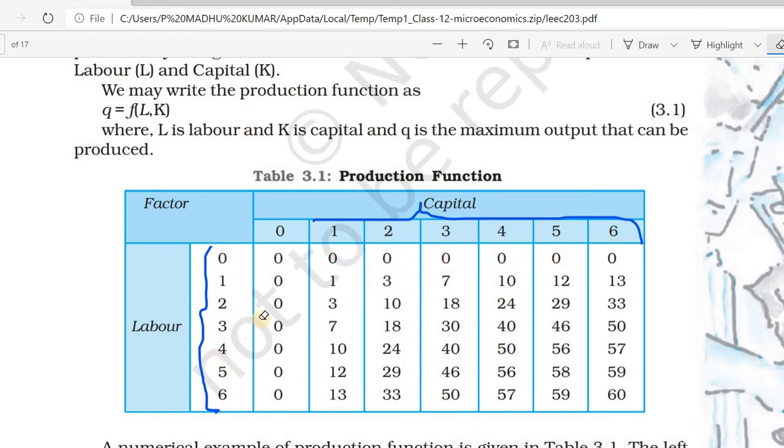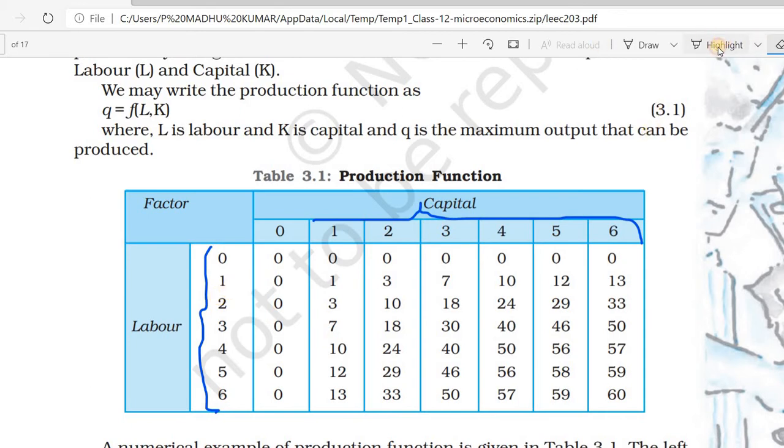What is the reason? Because capital is 0: nothing, no land, no asset, no machine. Then labor without anything, how can he produce? Suppose he is a farmer, he should have some land. Otherwise, if he is a tailor, he needs some tailoring machine or something like that. Without capital, it is not possible to produce anything.